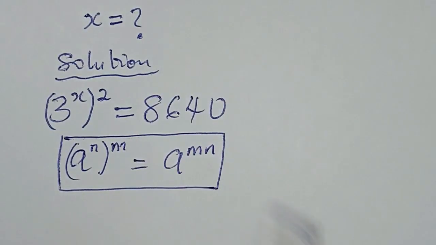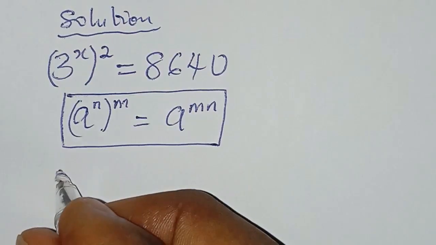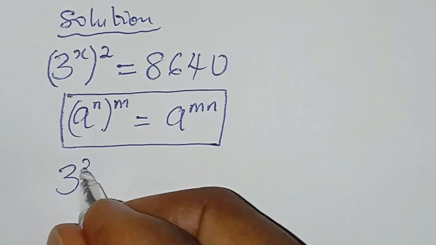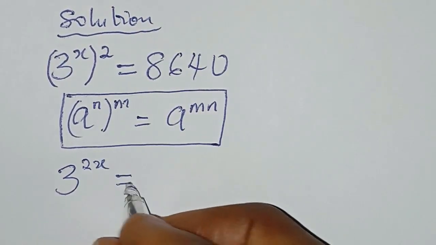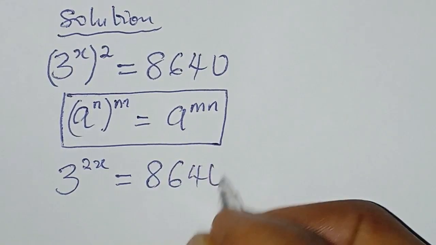If we consider this, then this left hand side can be written as 3^(2x) equal to 8,640.